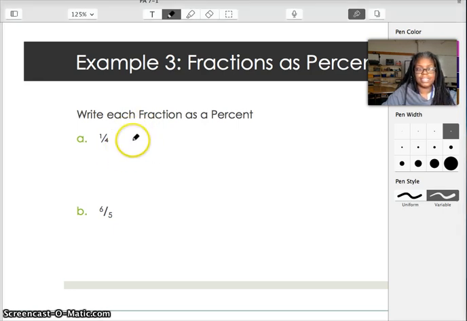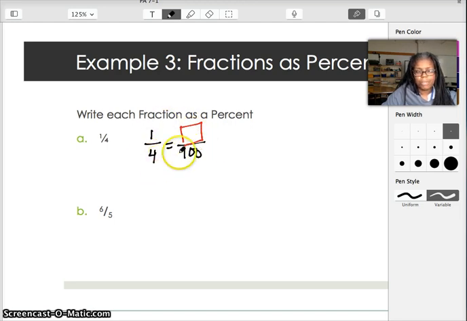So in problems like this, I like to actually start with a proportion. We know that we want to create a fraction with a denominator of 100, and if we can find an equivalent fraction with a denominator of 100, then the answer we'll get in this red box here is going to be the percentage, because the percent is out of 100.